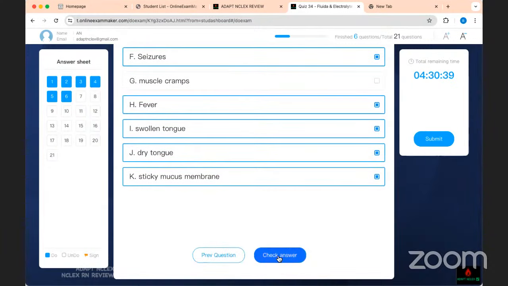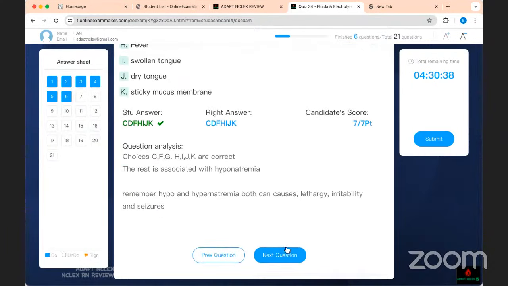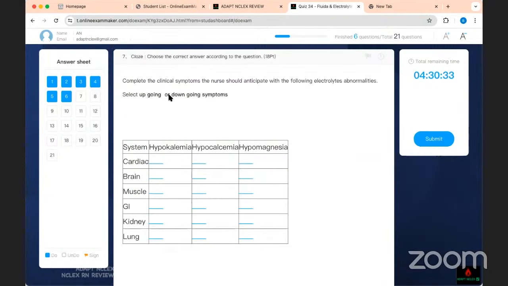This is the only way I can explain it to you. But this is the one that is easy. You should not memorize any electrolyte signs and symptoms except sodium and a little bit of phosphorus.